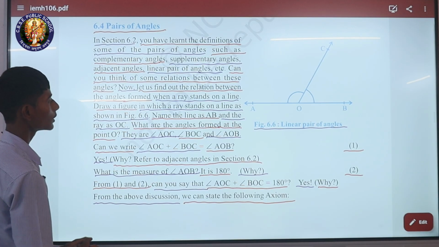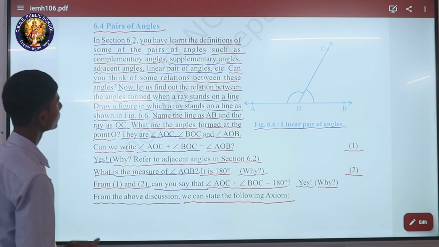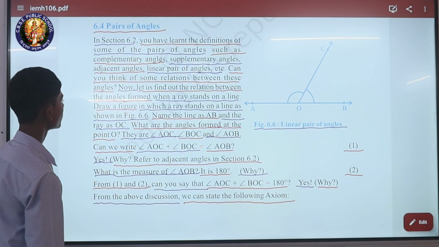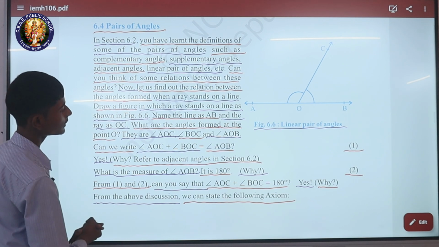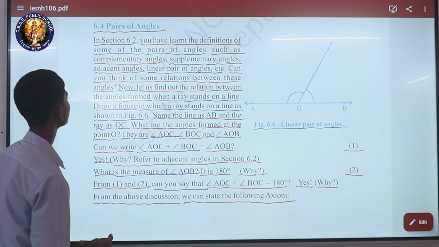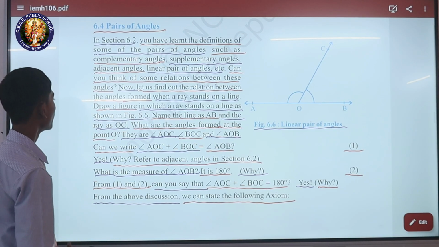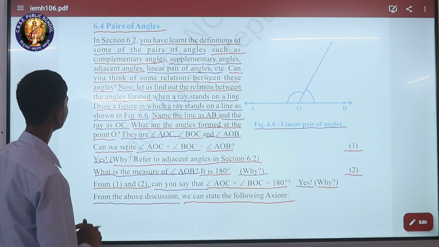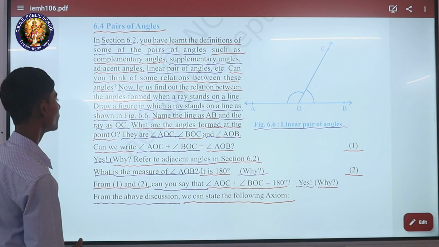Now, let us find out the relation between the angles formed when a ray stands on a line. Draw a figure in which a ray stands on a line as shown in Figure 6.6. Name the line as AB and the ray as OC. What are the angles formed at the point O?